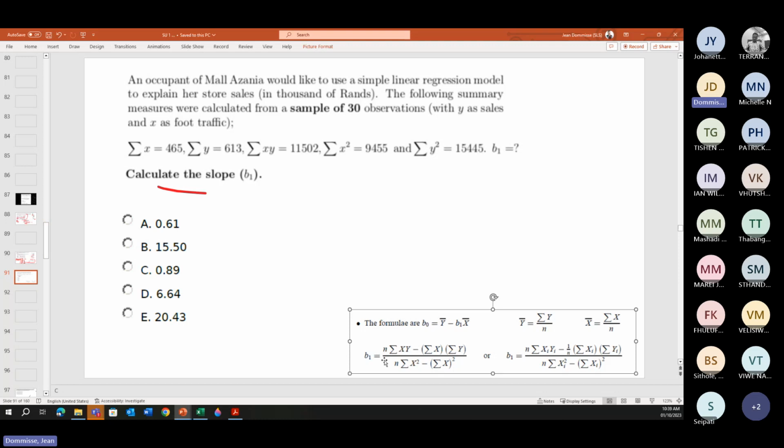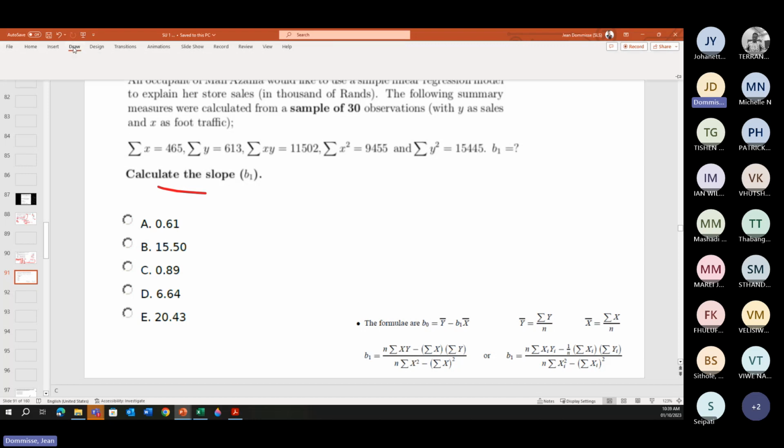So we know that we need to use B1. We need to get to the slope. They actually tell us B1, which is actually cool. So we need to use this formula. So we should be able to work this out with this formula from all of this information. So let's see, sample 30.